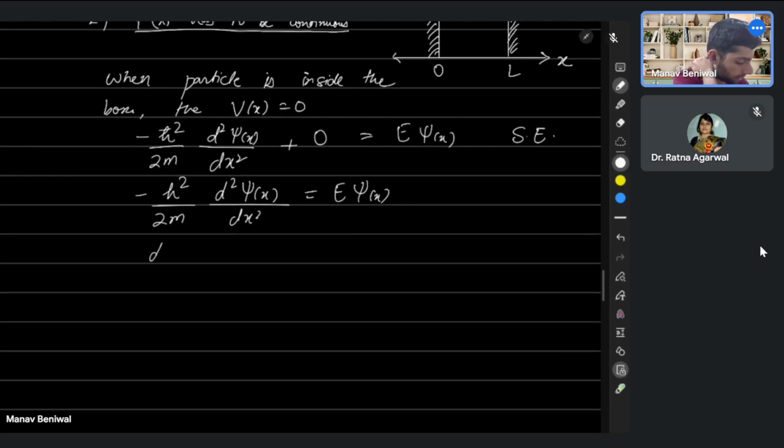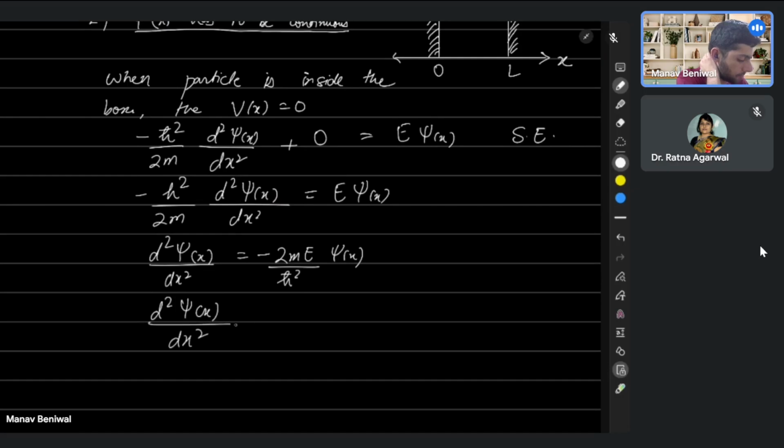Now again we can rearrange it like this. And finally, just one last rearrangement. We can write it like this.